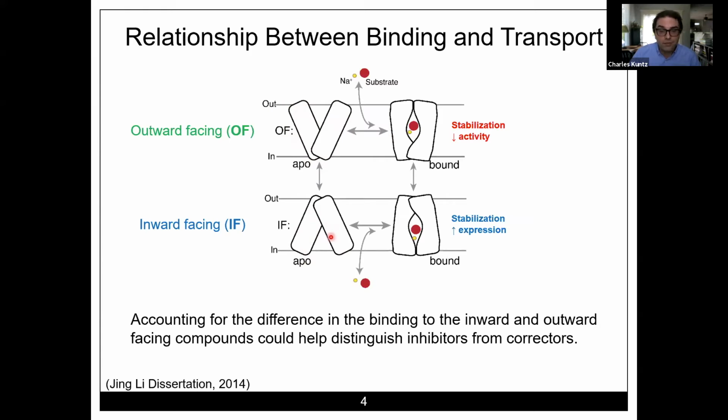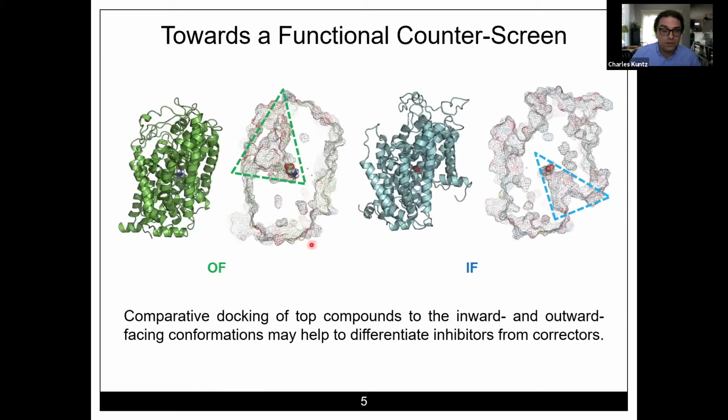In the absence of a sodium gradient in the endoplasmic reticulum, when the protein is synthesized, the inward facing state is more commonly observed. And so presumably, if we can differentiate between compounds that preferentially bind to the outward facing conformation and the inward facing conformation, that'll really help us get better compounds and a better hit rate for our screen.